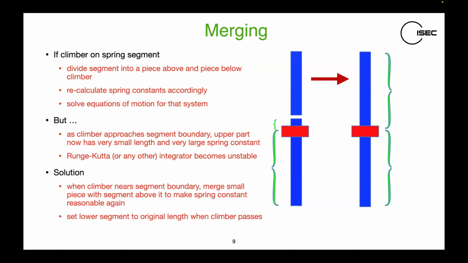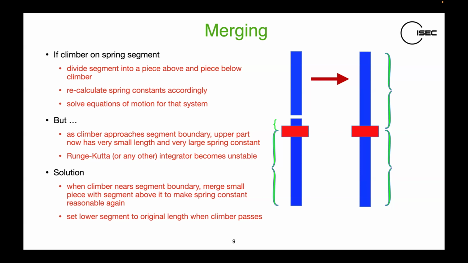However, when the climber gets to the edge of one of these segments, the spring constant for the part above the climber gets very, very large, and the spring constant below gets small, and you wind up in nonlinear territory, and the Runge-Kutta sort of says, I don't know what to do. It starts putting in artificial oscillations and sometimes even crashes.